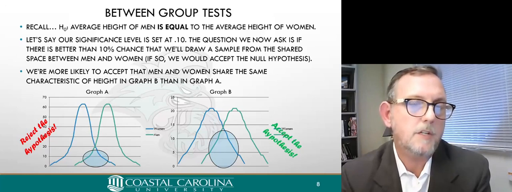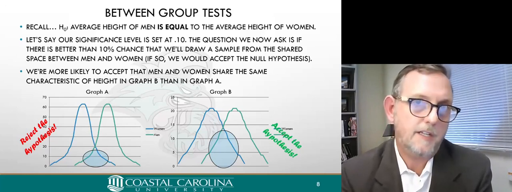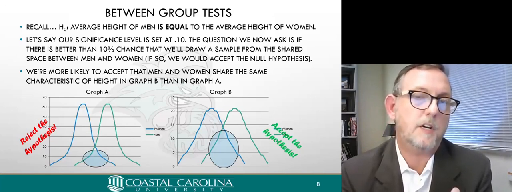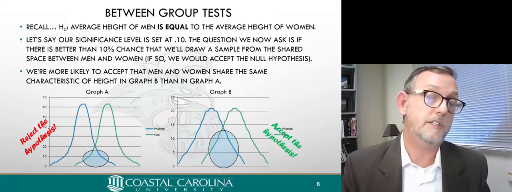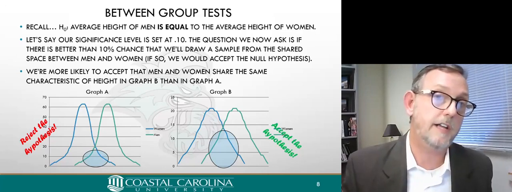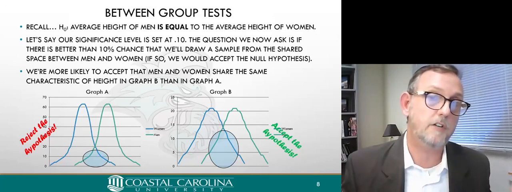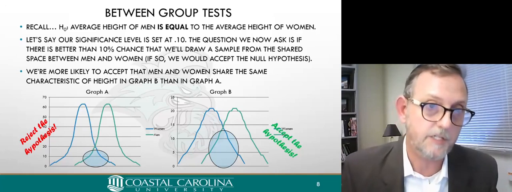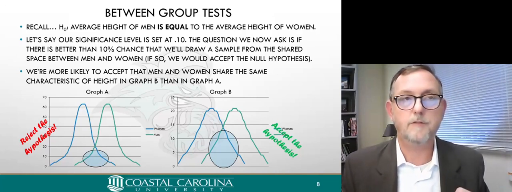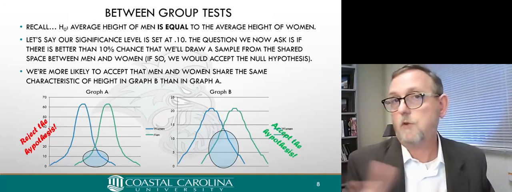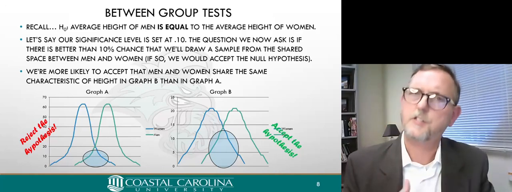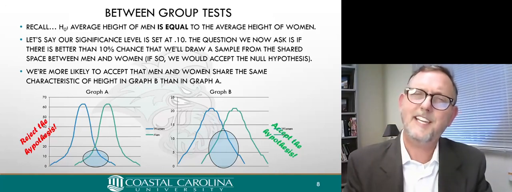So we would reject that hypothesis if we saw graph A, because it seems as though there are two different distributions that don't share a lot of space or share a lot of commonality with each other, share a lot of variance maybe.